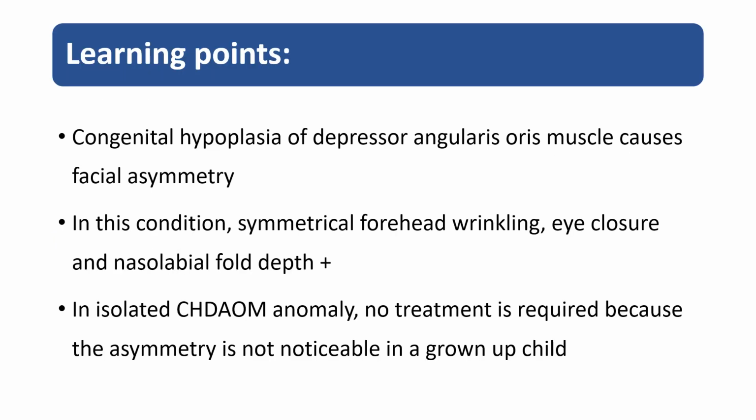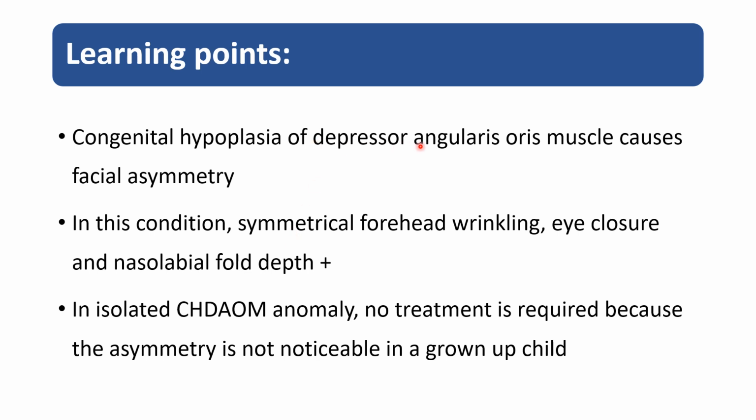Now the learning point is that congenital hypoplasia of depressor anguli oris muscle causes facial asymmetry. In this condition, the newborn will have symmetrical forehead wrinkling, eye closure, and nasolabial fold depth, all will be possible on the affected side. If these are also affected, that means the newborn is having facial palsy.